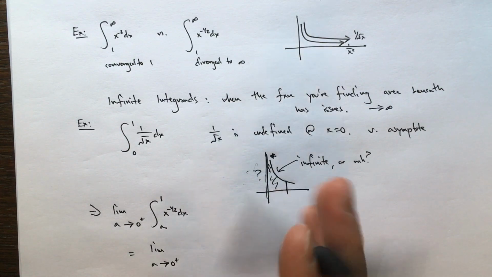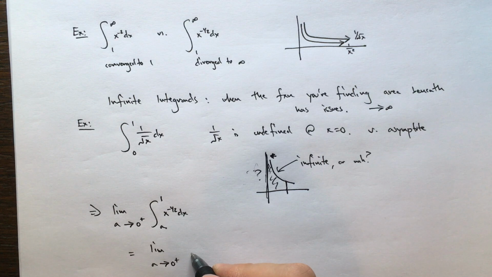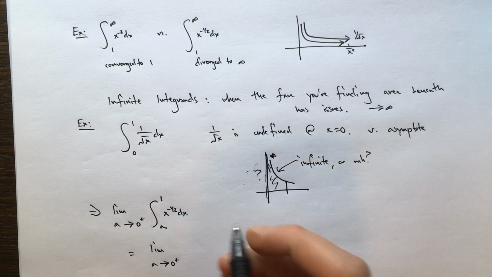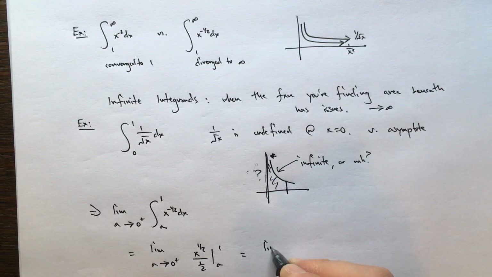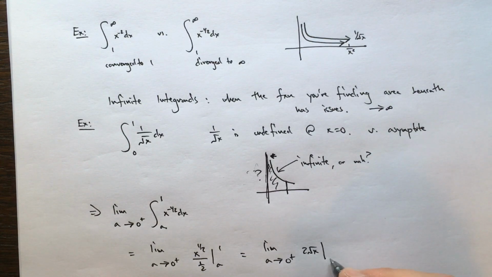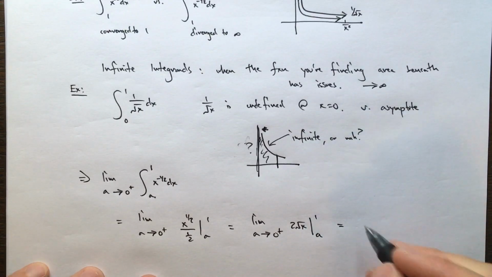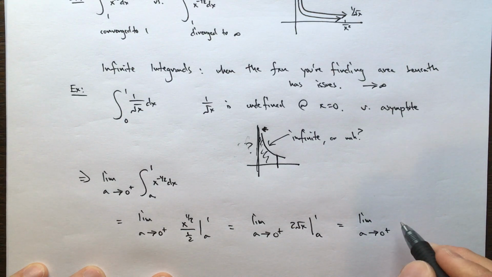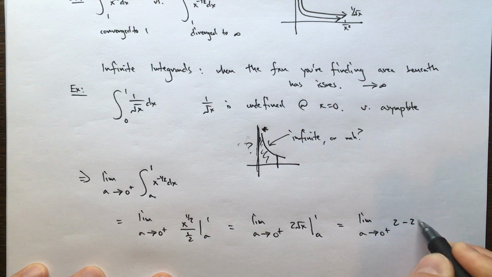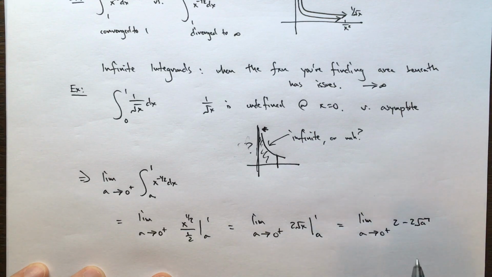Now I just need to find this normally. We found this antiderivative before, it's x to the 1/2 divided by 1/2 evaluated between a and 1. That's the limit as a approaches 0 from the right of 2 root x between a and 1. That is the limit as a approaches 0 from the right of 2 minus 2 root a.